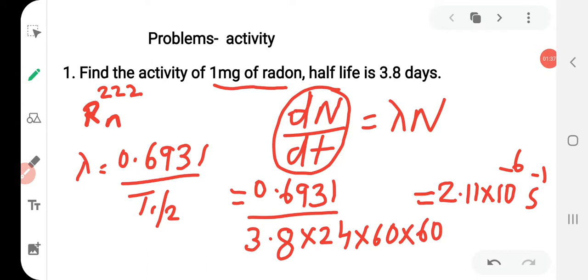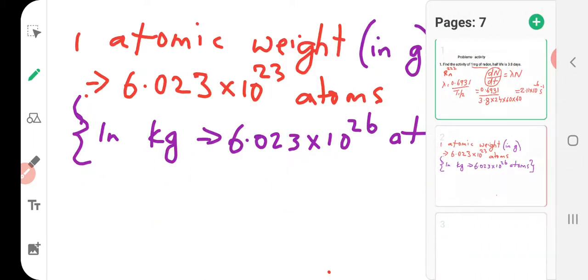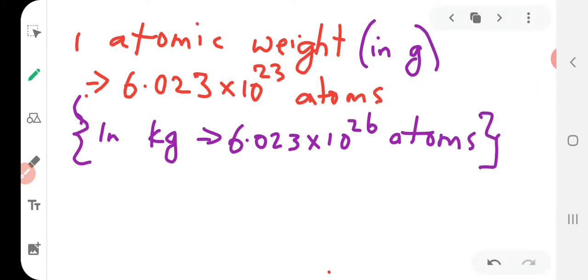Next we have to find capital N, and the question is to find the activity of 1 milligram of radon. From Avogadro hypothesis we know one atomic weight of an element in gram contains 6.023 into 10 raised to 23 atoms. If we take the atomic weight in kilogram, then the number of atoms will be 6.023 into 10 raised to 26.